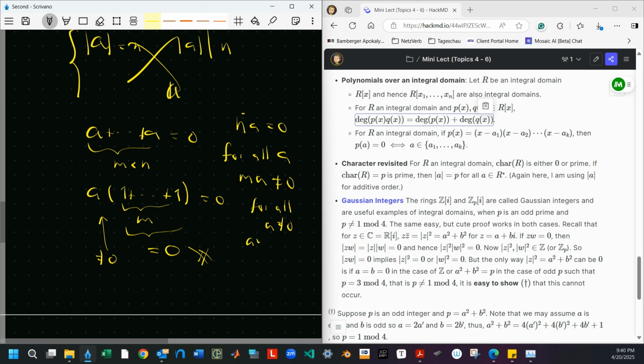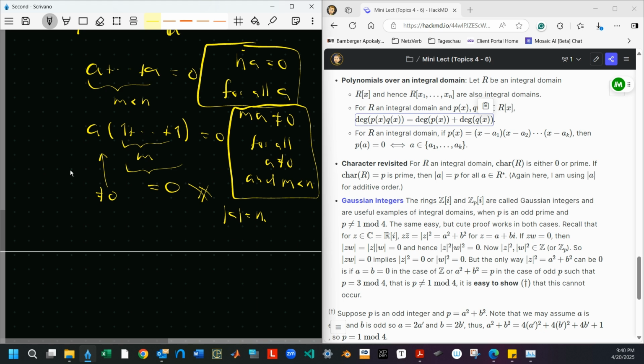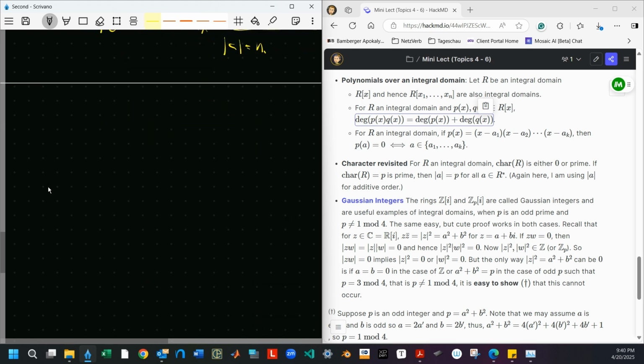And sorry, gotta write everything less than n, right? So if we add a to itself n many times, we get 0. If we add a to itself less than n many times, we do not get 0. So the additive order of a is equal to n for all a inside of the integral domain.